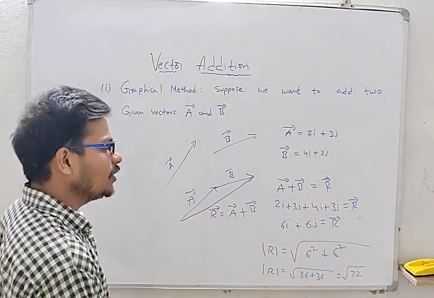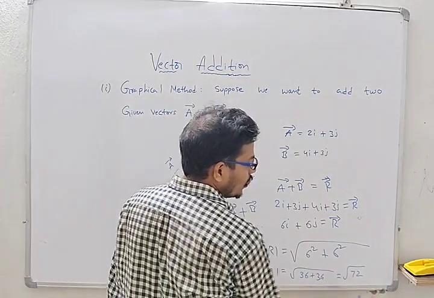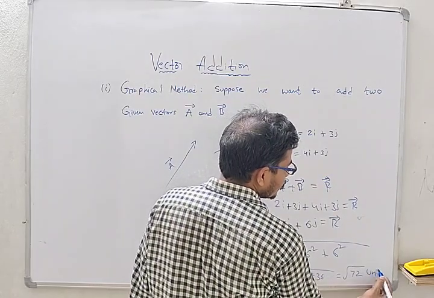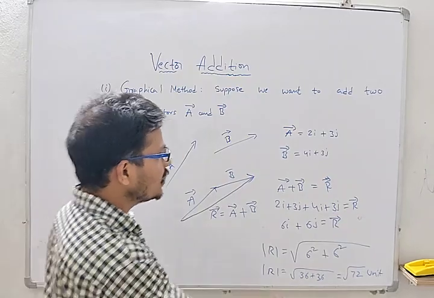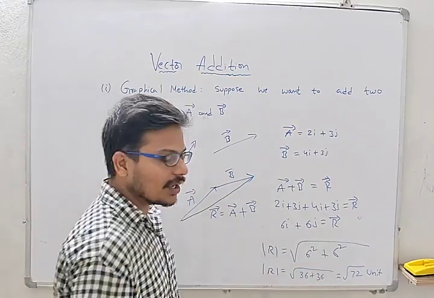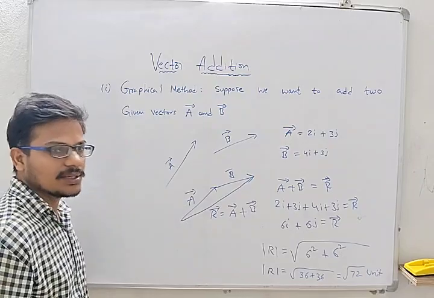If you want to simplify, you may simplify. We don't have any units for this, so the resultant is just some unit. This is the vector addition.